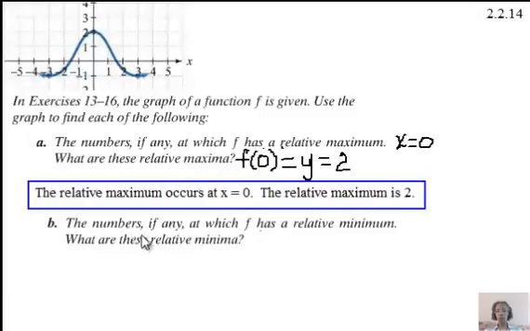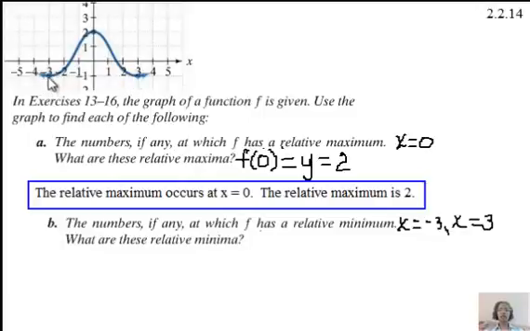Now we're being asked in part B to find the numbers, if any, at which f has a relative minimum. This will be a valley or lowest point. Notice at x equal to negative 3 and x equal to 3, we have a valley or a lowest point in that particular region of the function.